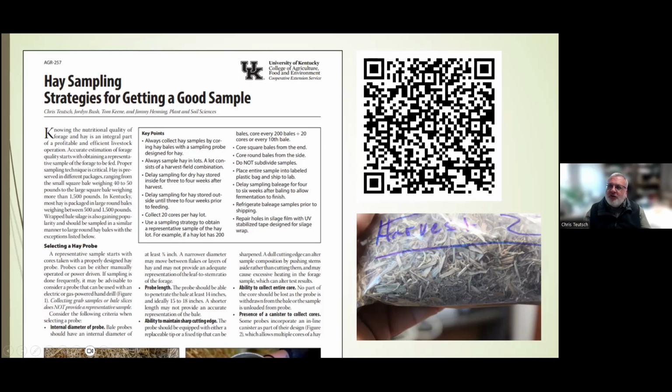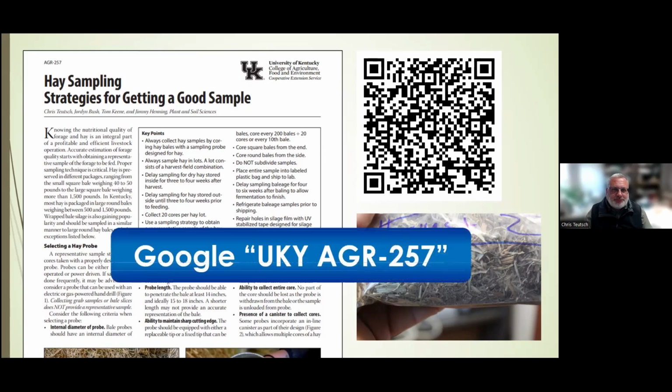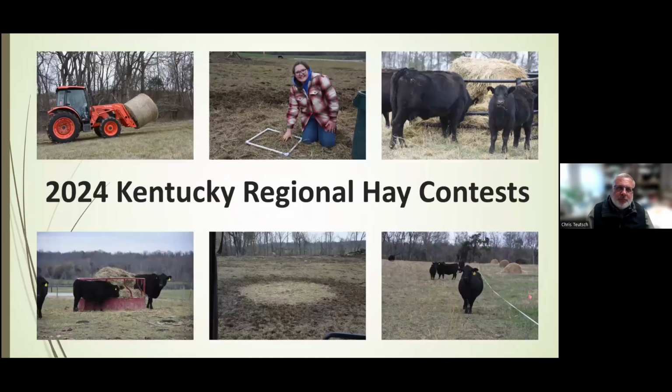If they just reach in this bag and grab a sample, generally they'll get the more coarse material, which tends to be lower in forage quality. So you can get this publication by asking Rebecca, number one, or simply Googling UKY AGR 257 or scanning that QR code in the upper right-hand corner.